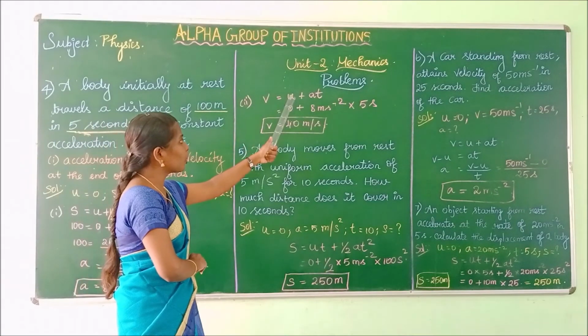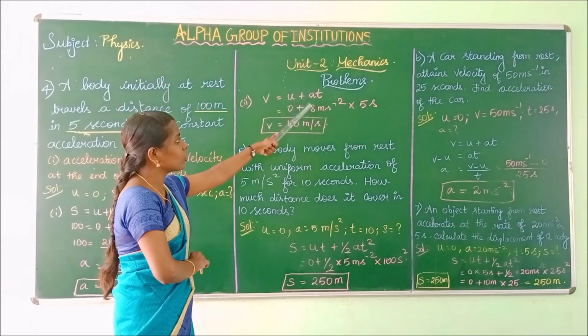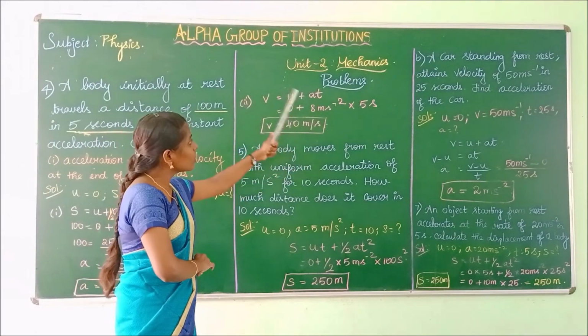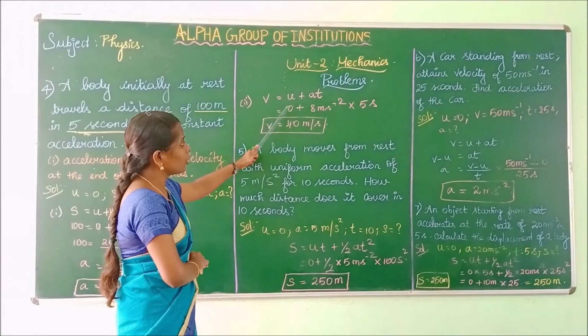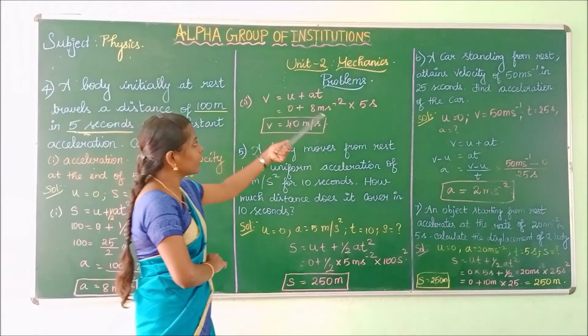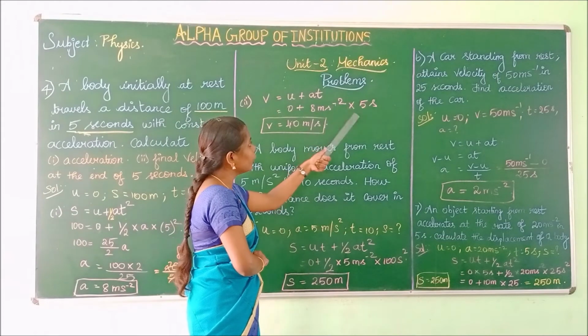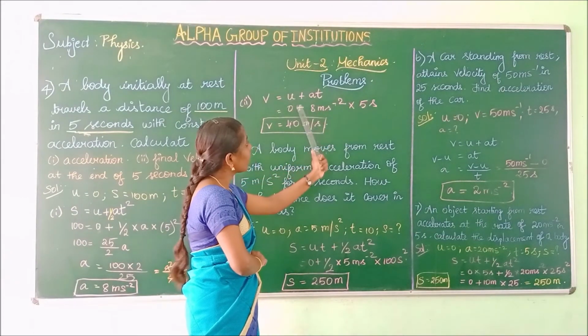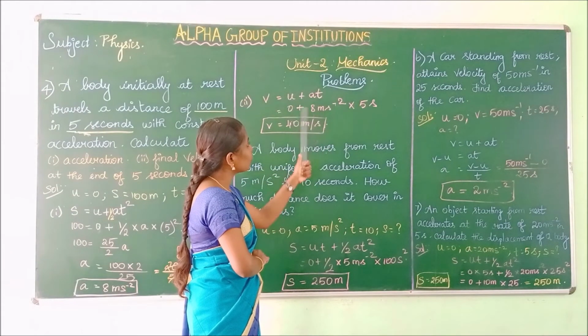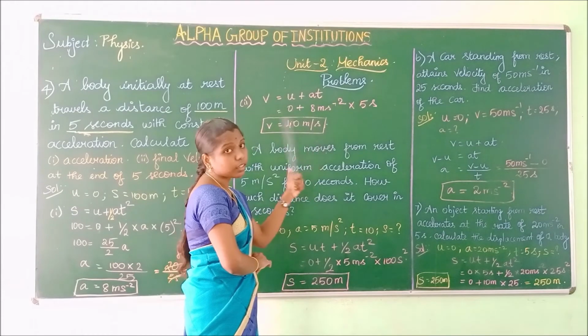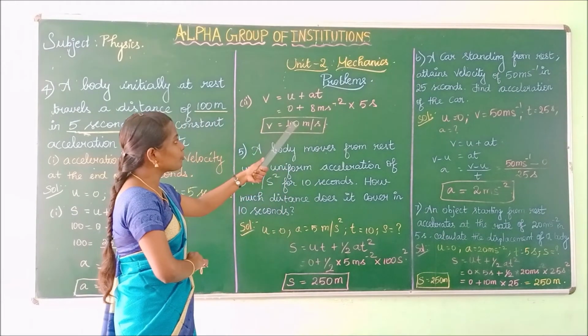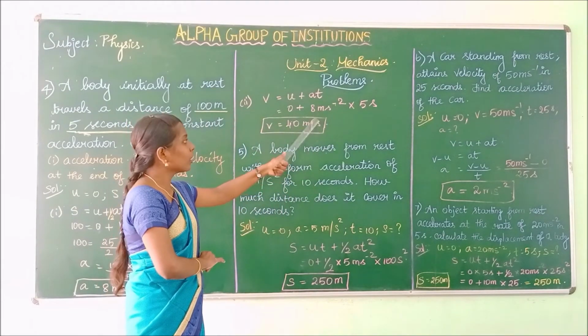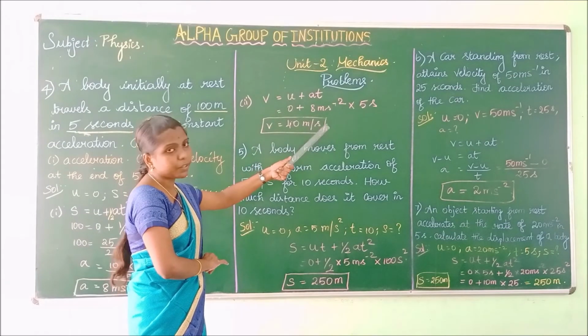Substitute the values for initial velocity, acceleration and time in this formula. Initial velocity is 0, acceleration is 8 meter second power minus 2 into time is 5 seconds. 8 into 5 is 40, 40 meter per second. The velocity value is 40 meter per second. The unit of velocity is meter per second.